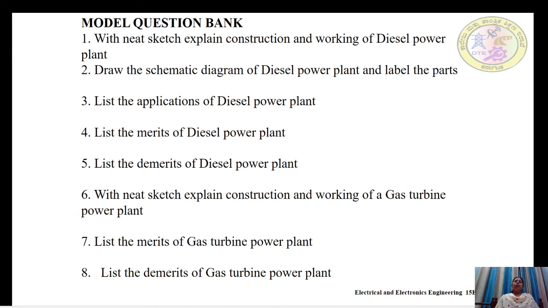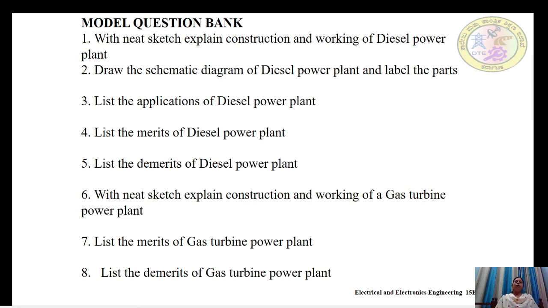Again, with a neat sketch, explain construction and working of gas turbine power plant. The main thing is two power plants here, diesel power plant and gas turbine power plant. You should know the construction diagrams, the components used in them, and the operation of these components. If you understand properly, no need to learn by heart; you can easily remember the things.